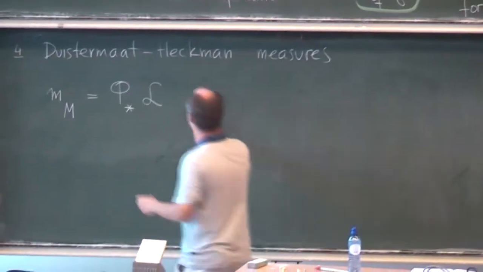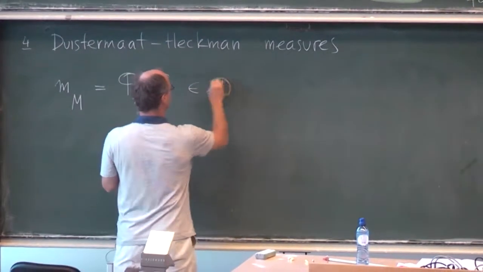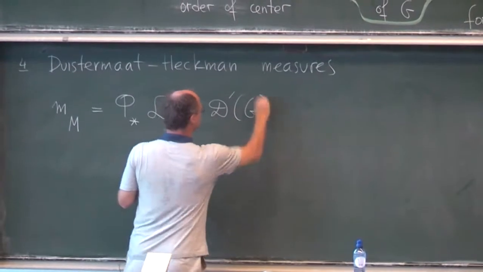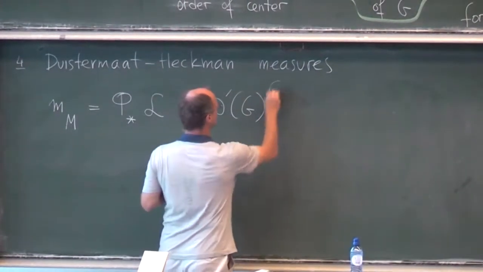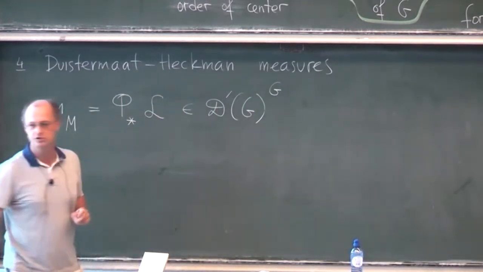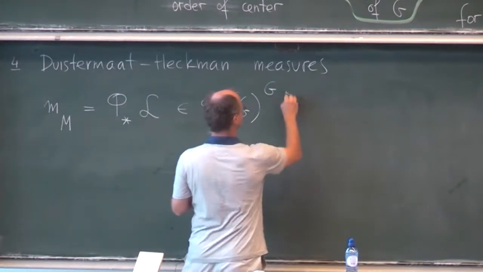So in general, what we get is a distribution on the group. Because of the equivariance properties, this distribution is conjugation invariant.